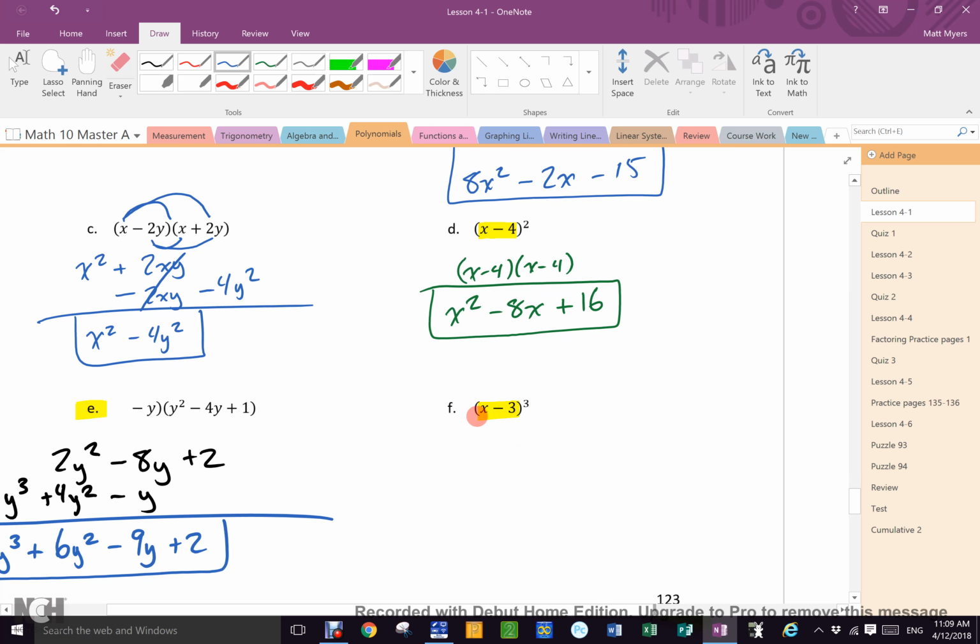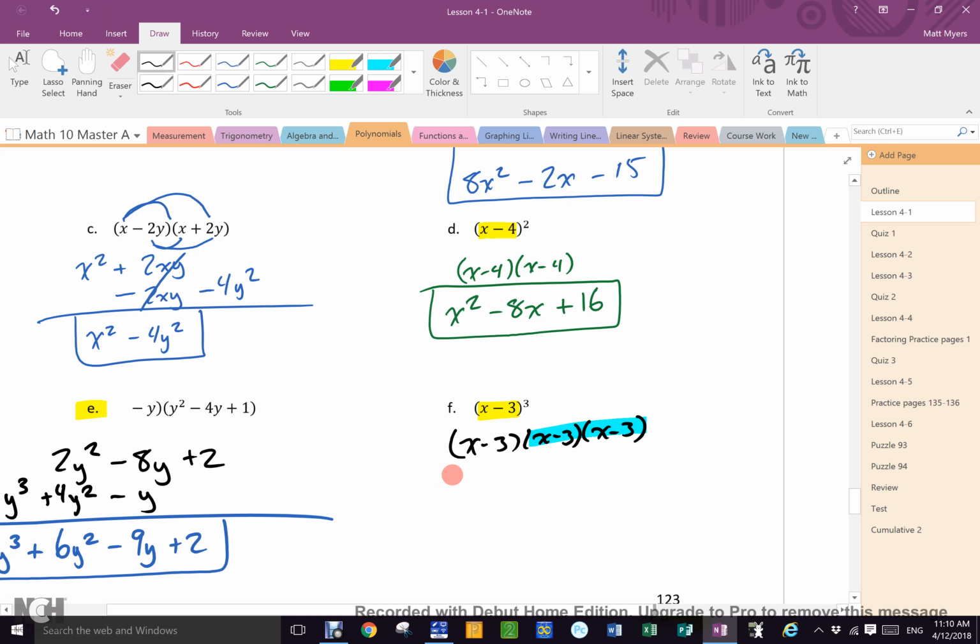What's weird over here? What's different between D and F? This one's cubed. So how many x minus 3's do I need? 3 of them. How should we approach this? What if I do just those?